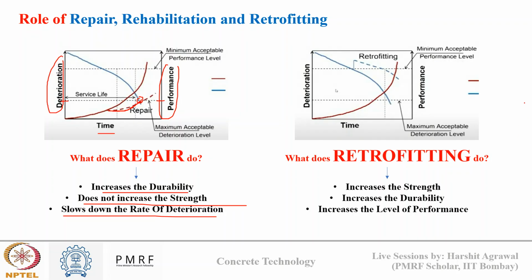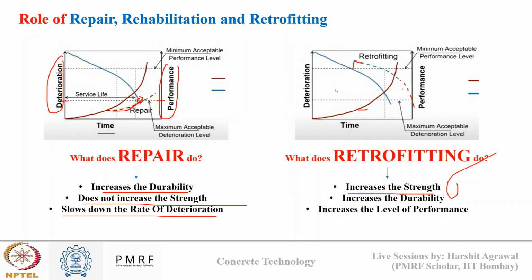And what does retrofitting do? In retrofitting we are increasing the strength. Okay, so we are not changing the rate at which degradation is occurring, but we are enhancing the performance of my structure, or we can say the strength of the structure, which will in turn delay the service life end, and it will increase the durability of my concrete.